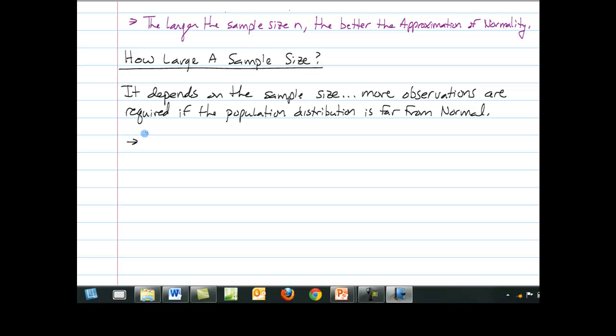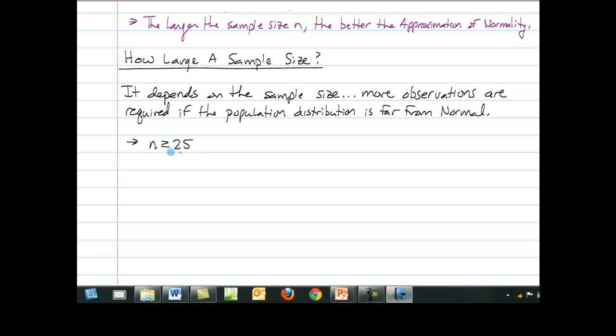A sample size of 25 or more, n greater than or equal to 25, is generally enough to obtain a normal sampling distribution from a skewed population, even if there are mild outliers in the sample.